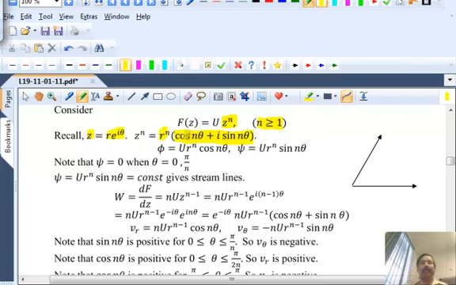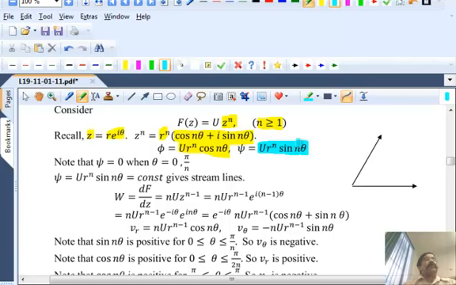And so the real part is u r to the power n cos n theta, and the imaginary part is u r to the power n sin n theta. So once again, very easy to separate the velocity potential and the stream function. They will satisfy the Laplace equations. You can verify that, and they will satisfy the condition of irrotationality and the condition of continuity.